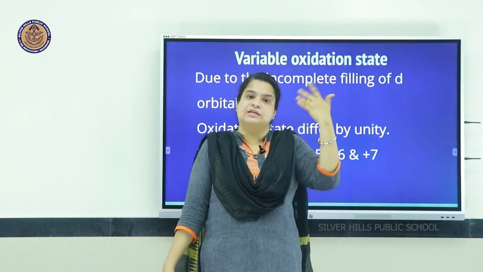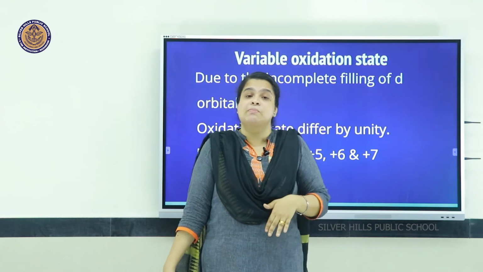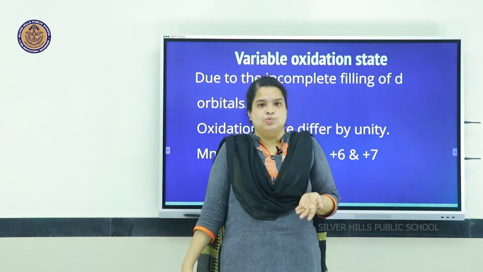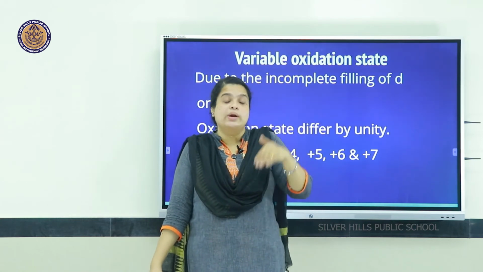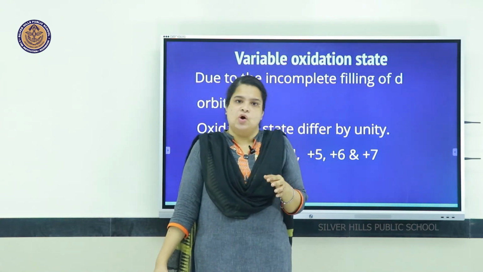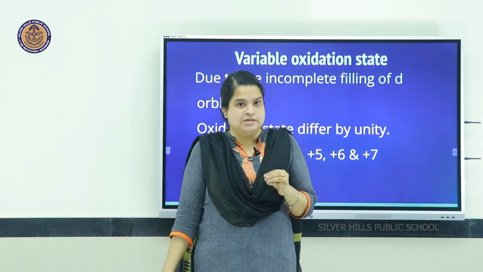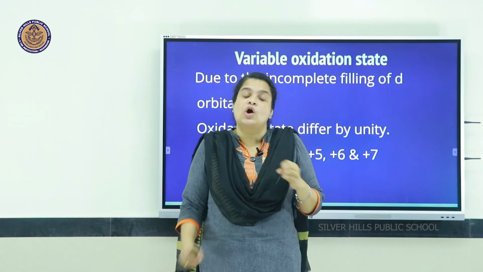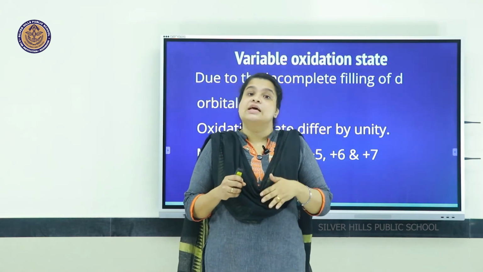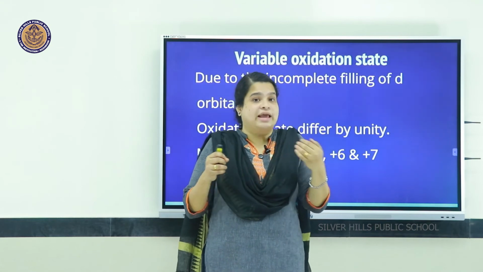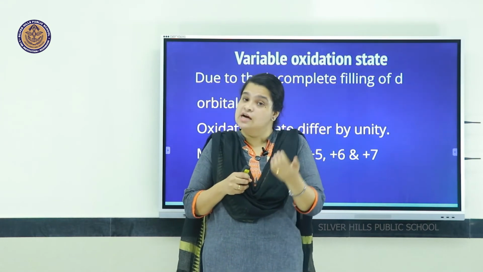If a group has a +3 oxidation state, the heavier members will have lower oxidation states, that is +1, +2 like that. This is because, coming down a group, due to the intervention of d and f orbitals, the s electrons will not take part in bonding, whereas the p orbitals will only take part in bonding. So the reluctance of s electrons to take part in bonding is called the inert pair effect.